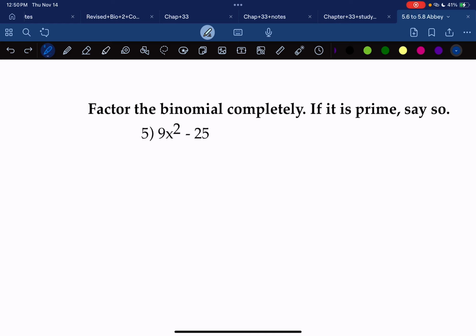Let's keep doing a, c, and b to be consistent. And then for the next one, we can change it up a little bit. So let's just do a, c, and b as we've been doing. So this is going to be a and c. We have no b in this case.